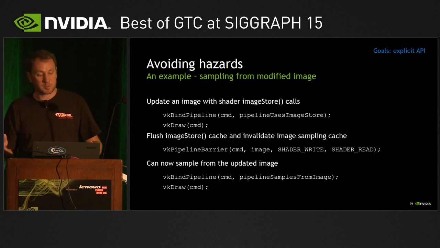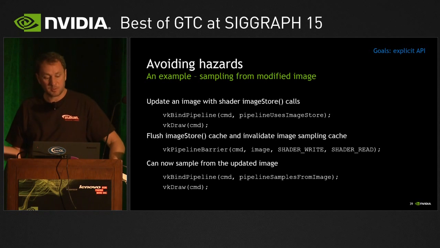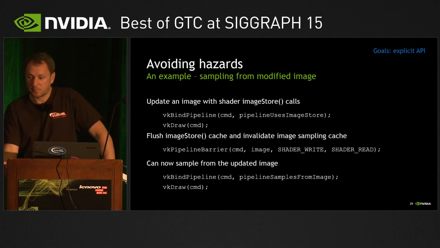They have to tell the implementation that, okay, I'm done writing to this image buffer. Now I want to read from it. And then the implementation might, for example, invalidate or flush the image store caches and then invalidate the image sampling caches.